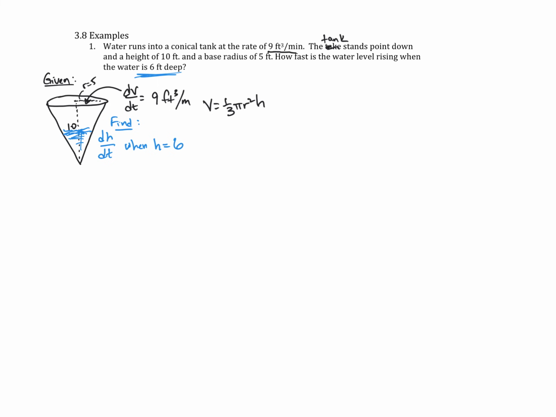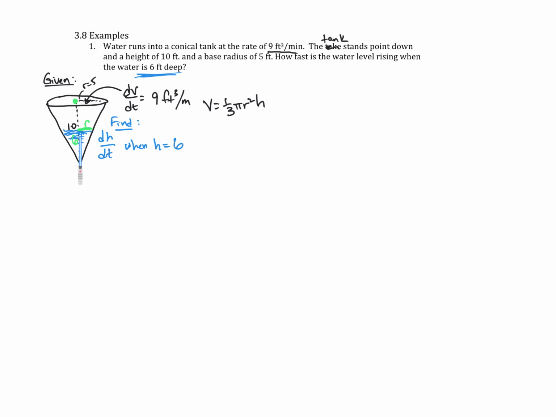All right, so I've always said when you do this, you have to implicitly differentiate. Okay, but there's a catch here. I got two variables that are changing. Let me explain that to you. I have r. As the height changes, look at the radius changes too. So at 6 feet right here, there is a completely different radius than when I'm at 10 feet right up there.